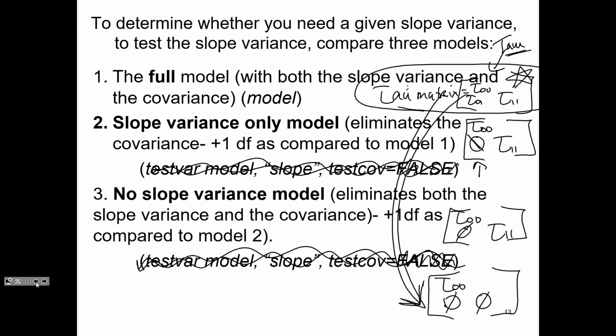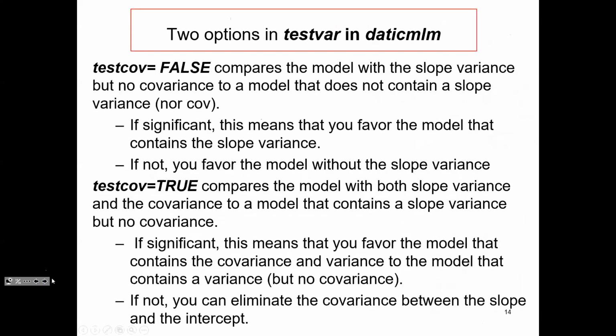The whole idea here is, what if I want to know how much is attributable to each of these pieces? I really want to know how much I can attribute to eliminating the covariance, and how much to eliminating this. So we've got these three different models. Let's go to the next slide.